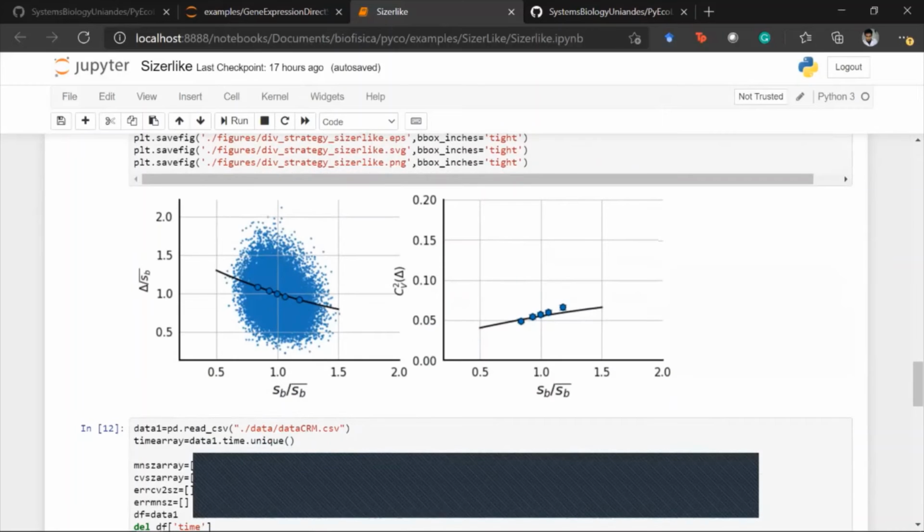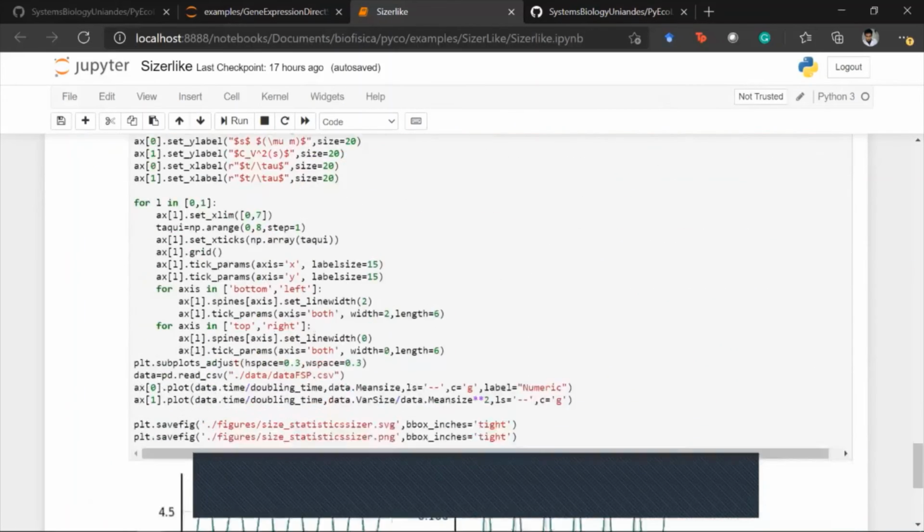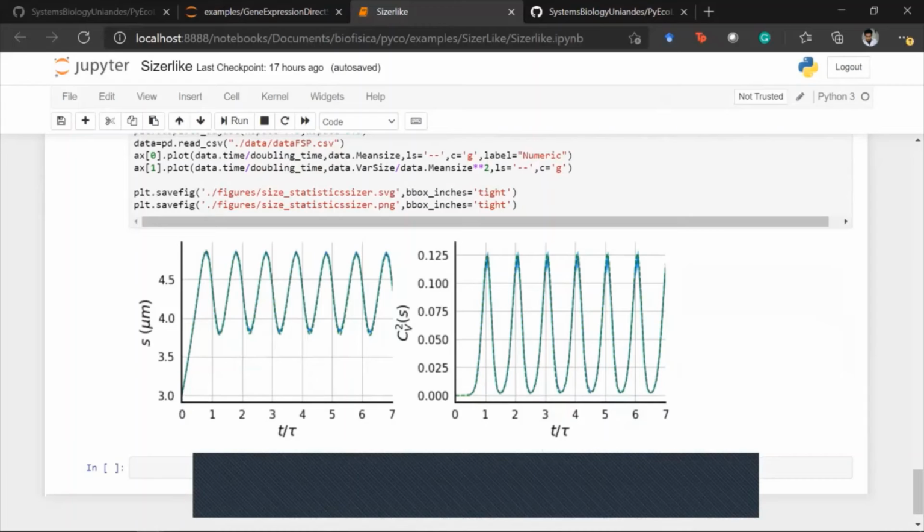You can obtain here the division strategy, and also you can compare the mean size along the time and its variability along the time, and you see that numerical method and simulations match perfectly.